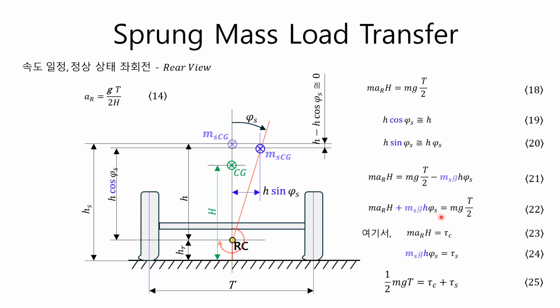The first term on the left side of equation 22 represents the moment of lateral acceleration acting on the center of gravity of the entire vehicle and is represented by tau c as in equation 23, and the second term of equation 22 represents the torque generated as a result of the center of gravity moving by h phi s and is represented by tau s as in equation 24. Therefore, equation 22 can be expressed as equation 25.